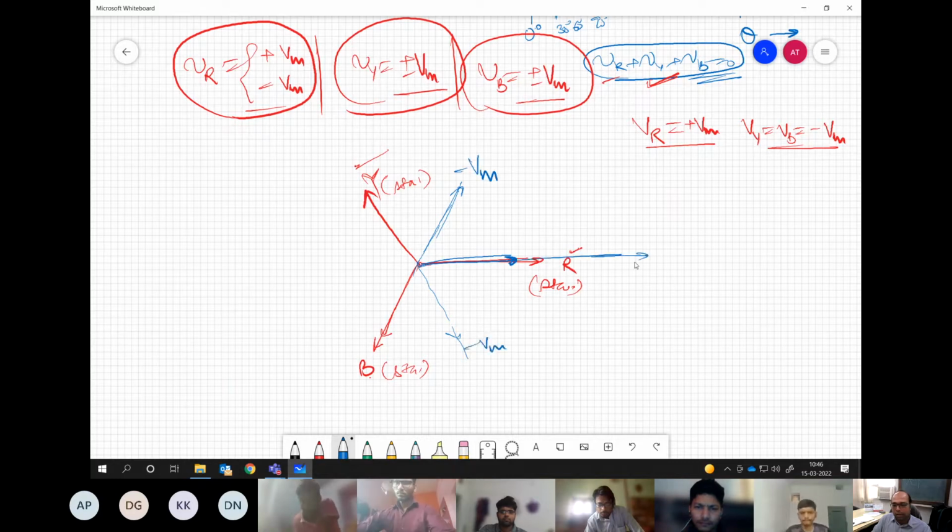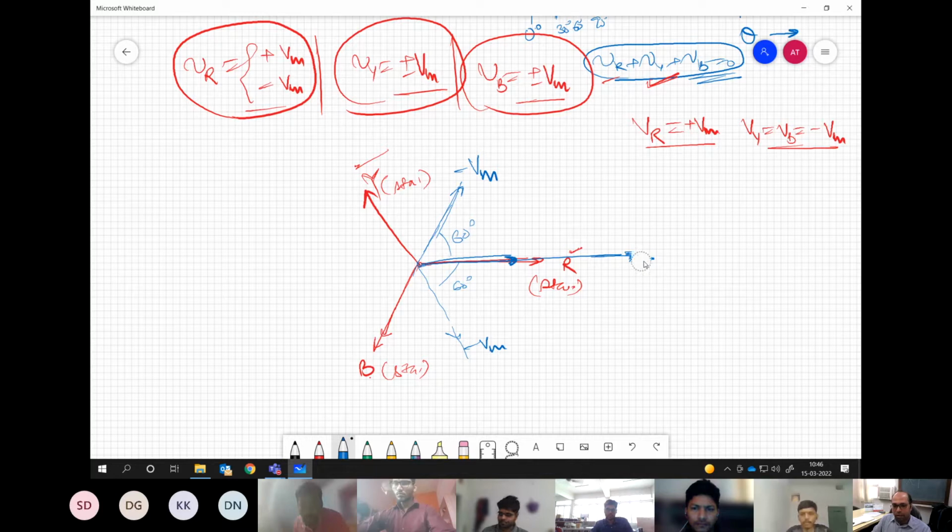What is the resultant of these three vectors? Vm into 1 plus, this is 60 degrees, right? Oh yes, sir, 90 degrees. So the total will come as 2Vm.